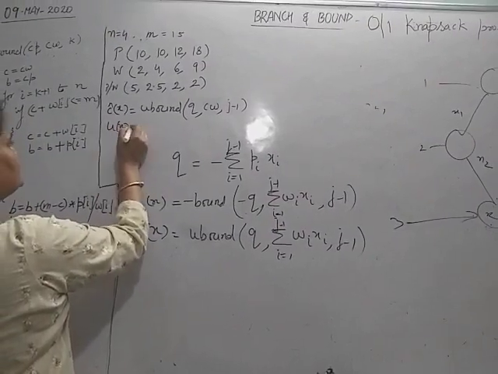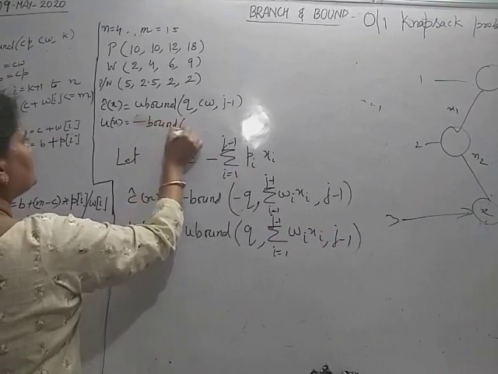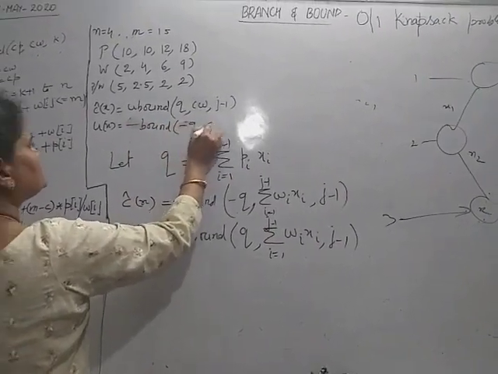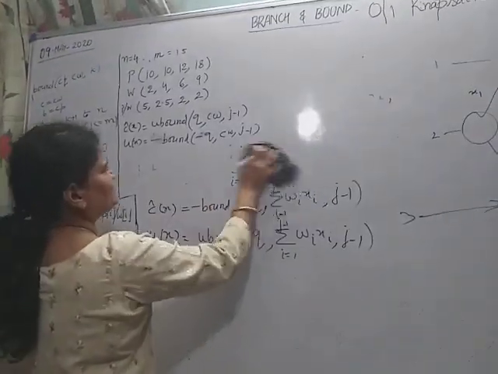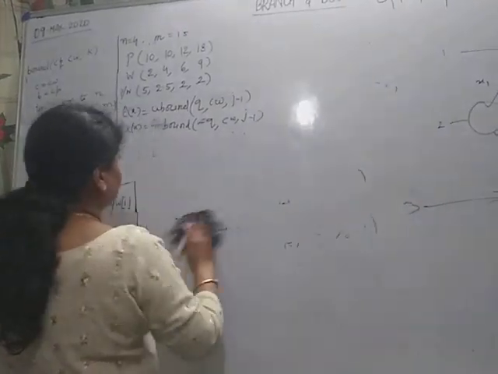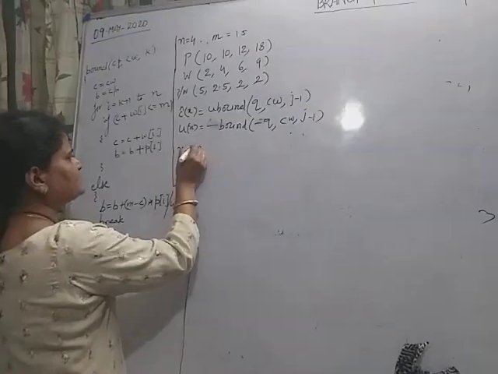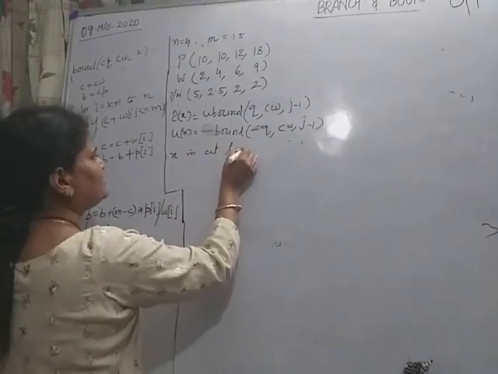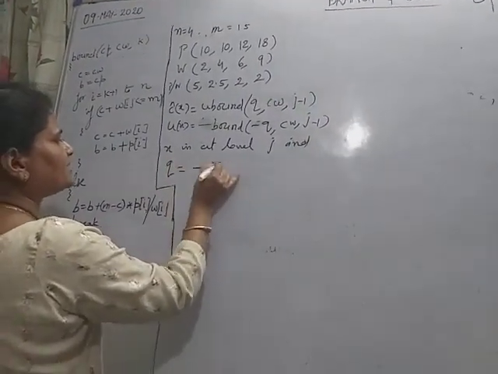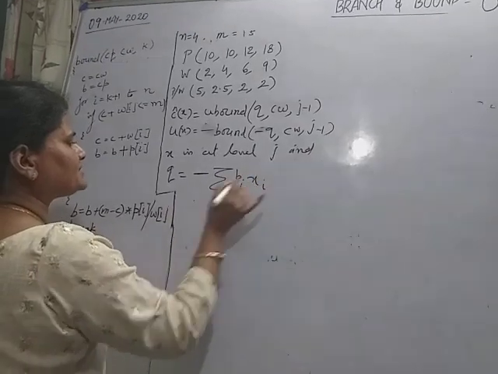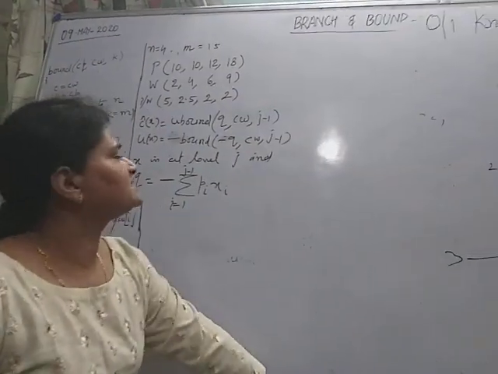And ux is equal to minus of bound, minus q, cw, j minus 1, where x is at level j, and q is equal to minus summation pi xi, i equal to 1 to j minus 1. Okay. So now this is the example.